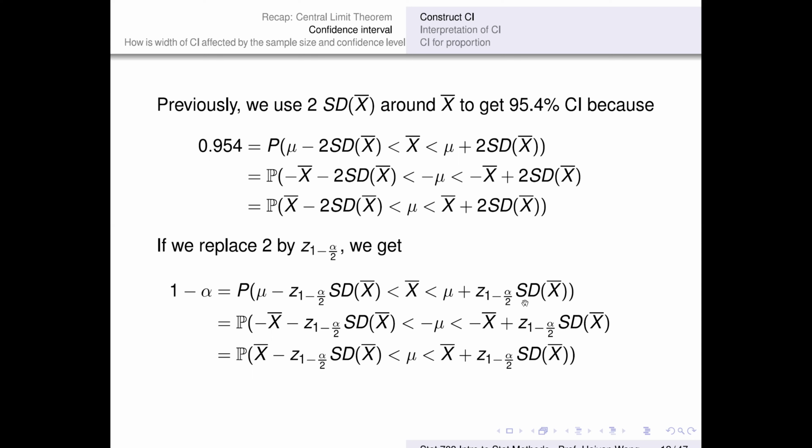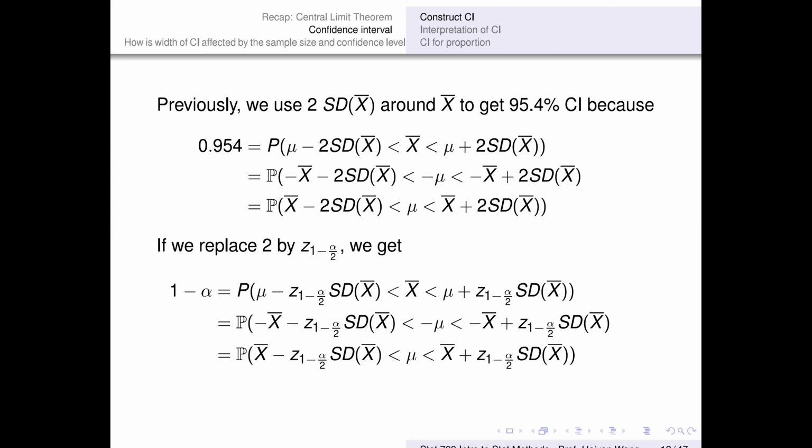That probability is 1 minus alpha, because the center is 1 minus the tails, and each of the tails is alpha over 2. So the center of that is 1 minus alpha.